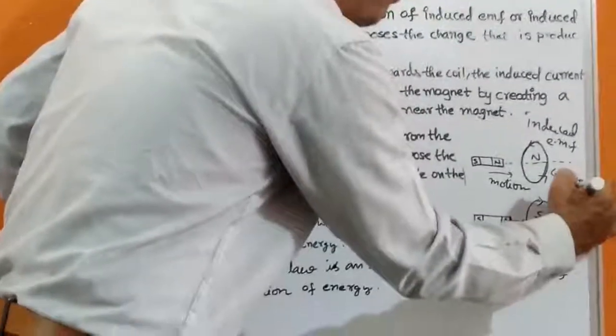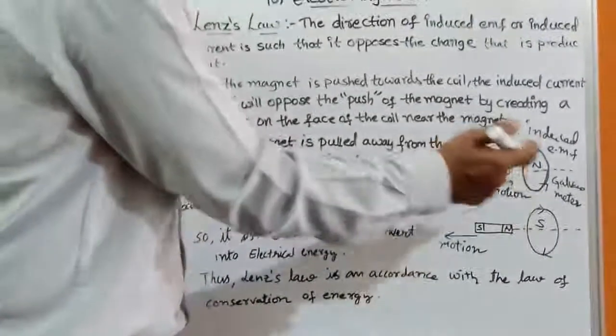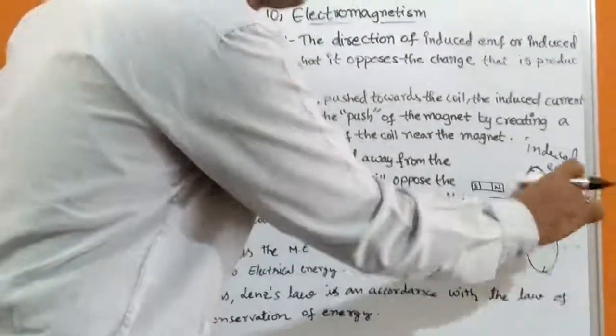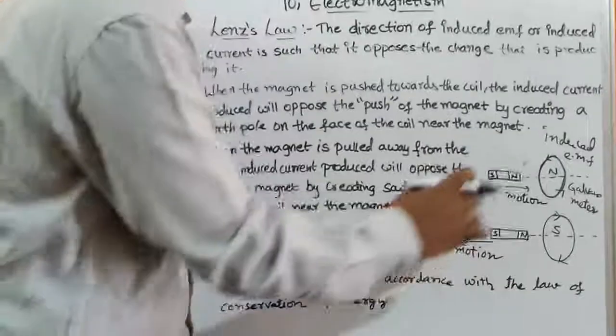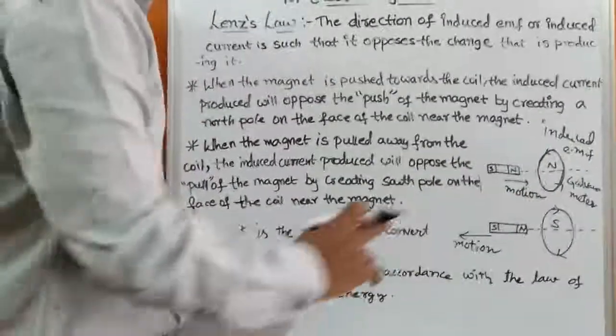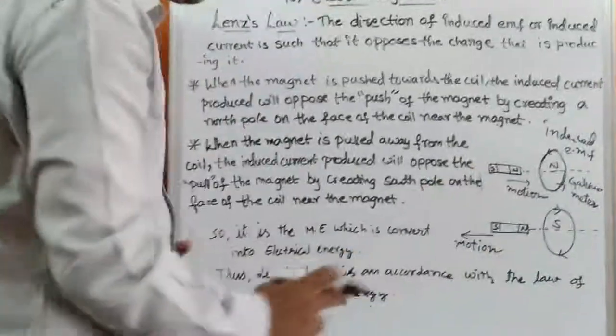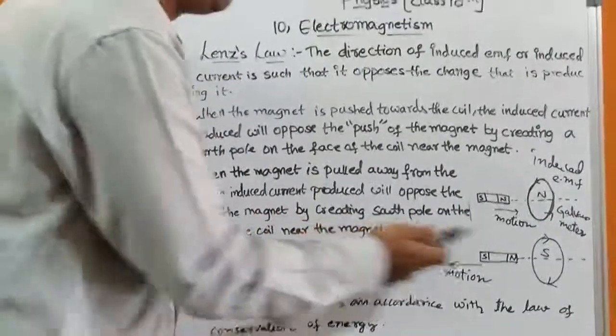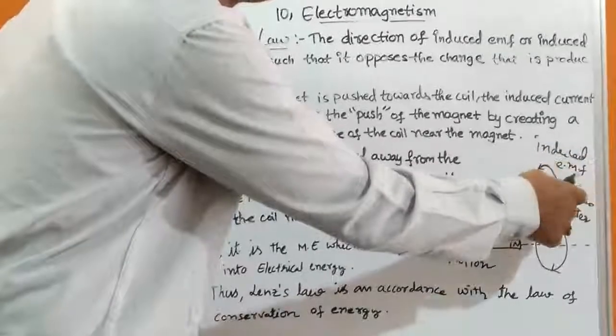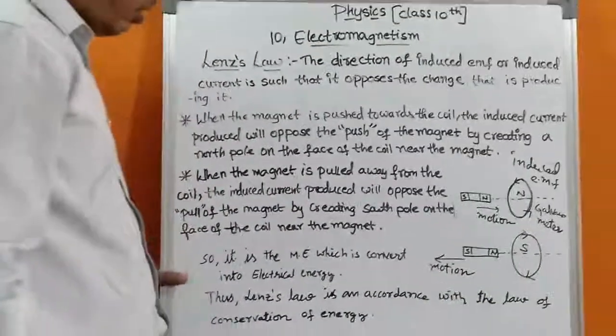To connect the galvanometer, by the galvanometer's indicator reflection, we can observe the induced electromotive force in that coil by mechanical energy. So mechanical energy is converted into electrical energy.